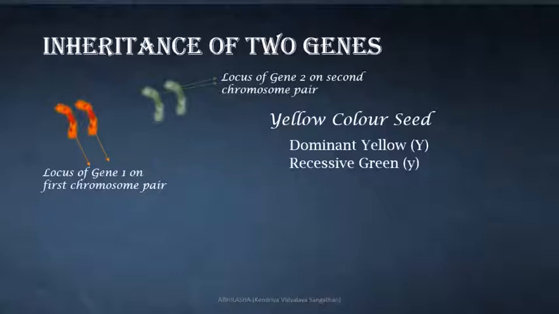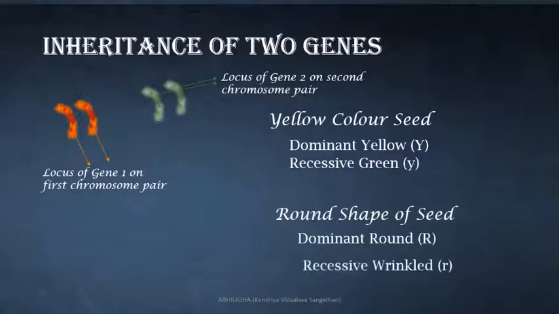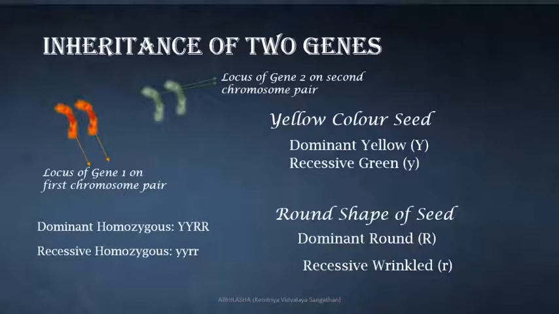Next, the second gene codes for seed shape. Dominant codes for round, so the symbol would be capital R, and the recessive for wrinkled, so small r. In homozygous dominant parents, the genotype would be YYRR, that is all capitals, and in homozygous recessive it will be all small: y, y, r, r.